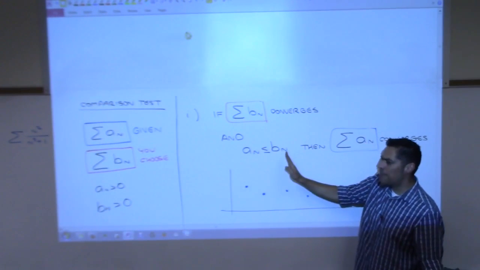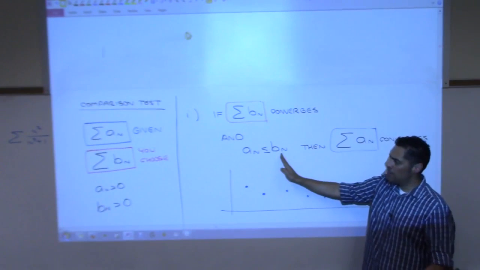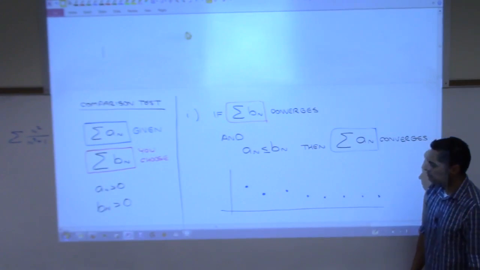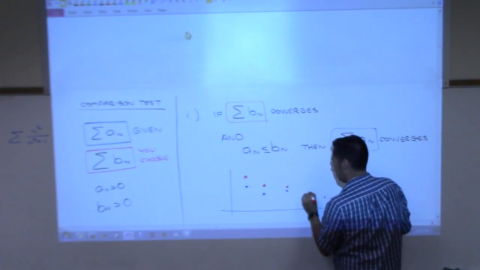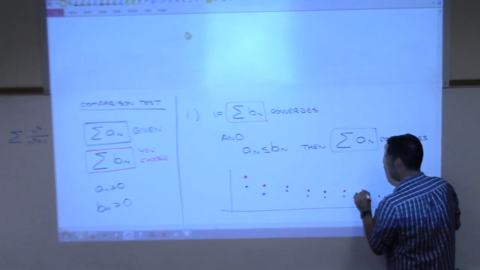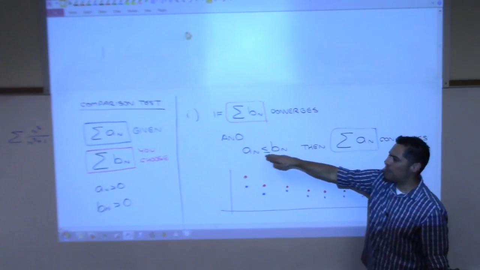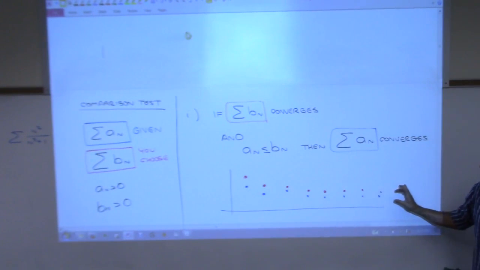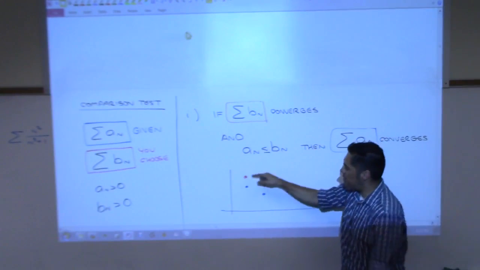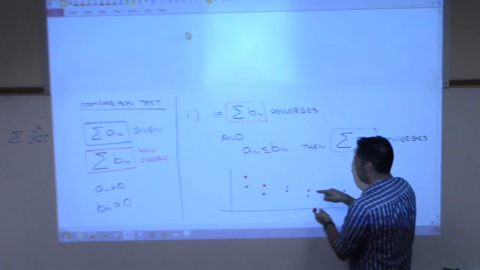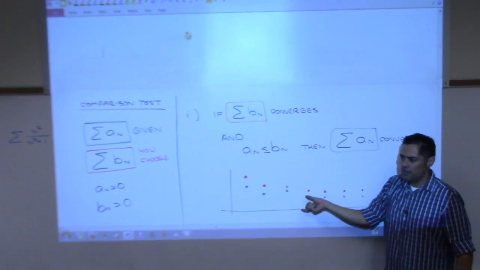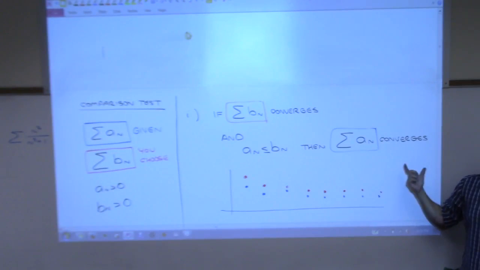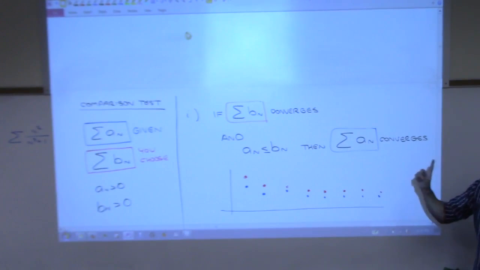The A sub n's have to be less than the B sub n's. So the red dots, where are they going to go? Above all these dots. Right? Wouldn't this mean that my B sub n's are always bigger than my A sub n's? Now, if the sum of the B sub n's, the red ones, converges, then the blue ones are smaller, aren't they? So that must converge also. Does that make sense in the pictures? That's the first thing that could happen here.